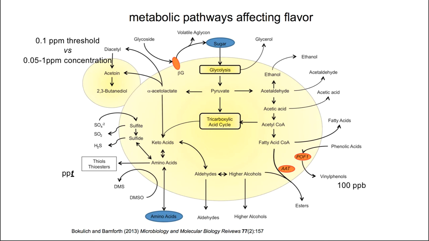This is because as the cells enter stationary phase, they reabsorb the diacetyl, reducing it to acetoin and 2,3-butanediol, which, with flavor thresholds between 10 and 40 parts per million, are much higher flavor thresholds than diacetyl's 100 parts per billion. Stepping back out, the main energy production and primary metabolite pathways lead more or less directly to most of our flavor outcomes.